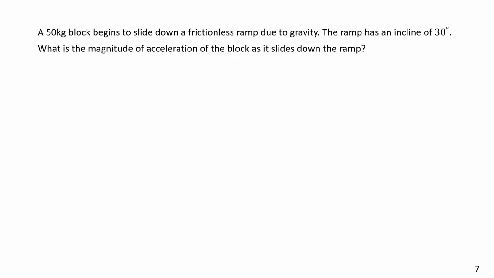How do I find the magnitude of its acceleration? So it's not going straight down. It's going down at an angle that way. So it's not exactly 9.8 meters per second squared. I want to figure out how fast it's going down at that angle.